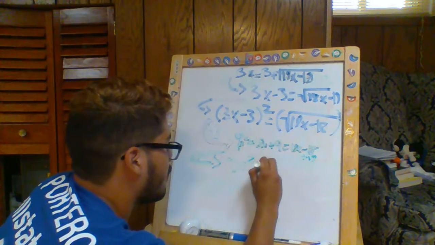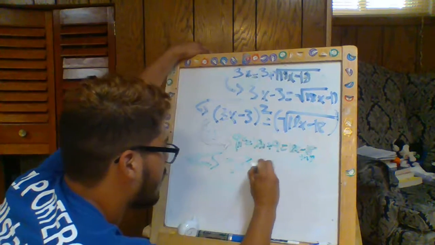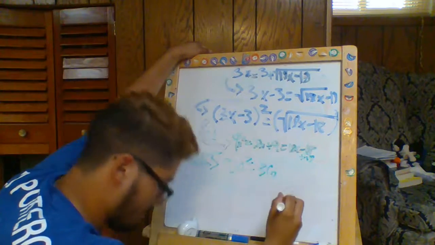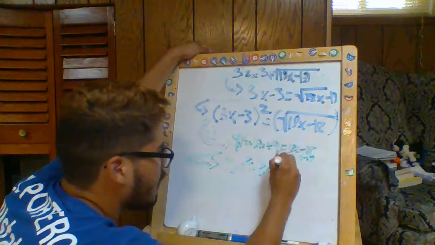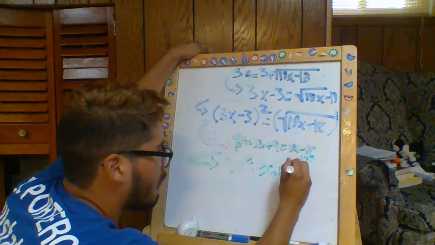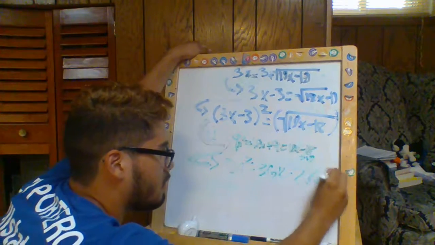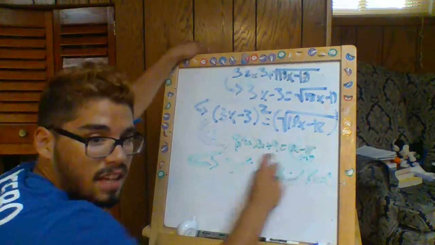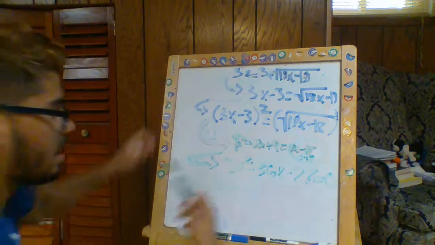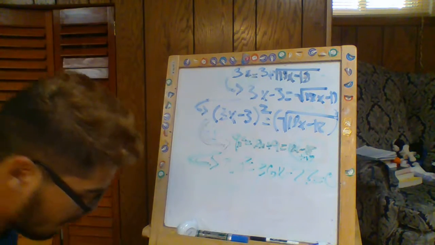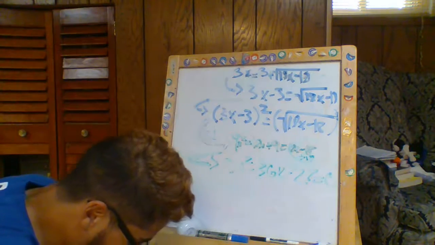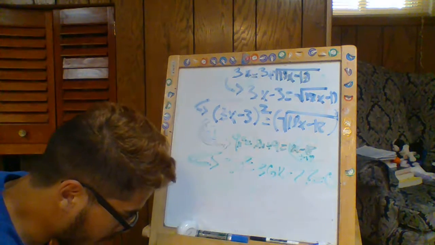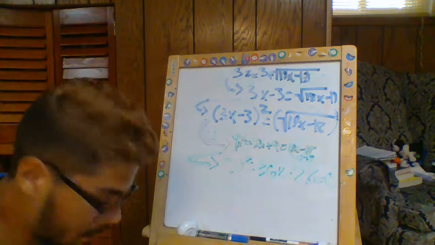So it's gonna be 9x squared minus 36x minus 27 is equal to 0, because you just subtracted everything on this side. And then you see that the greatest common factor of that is 9.